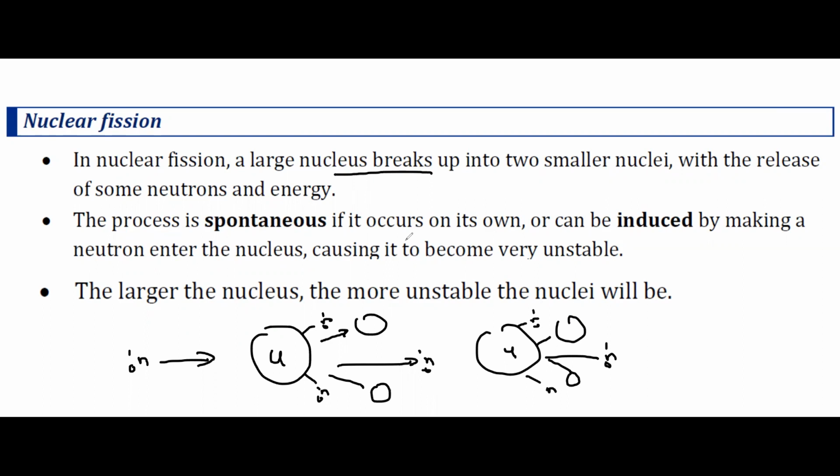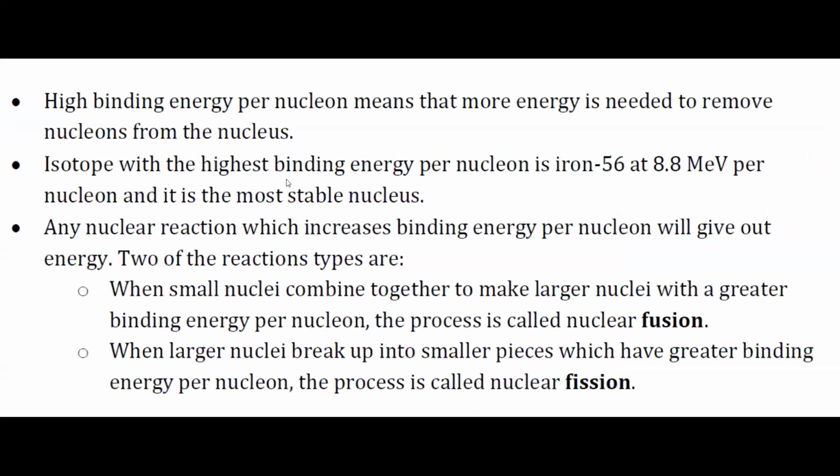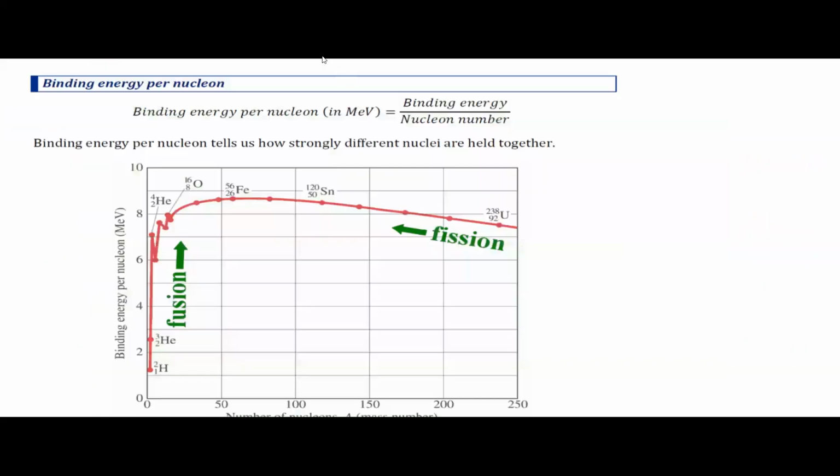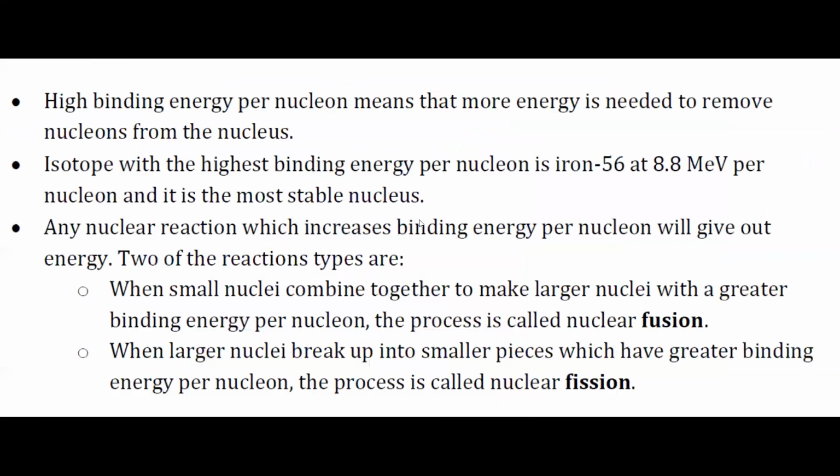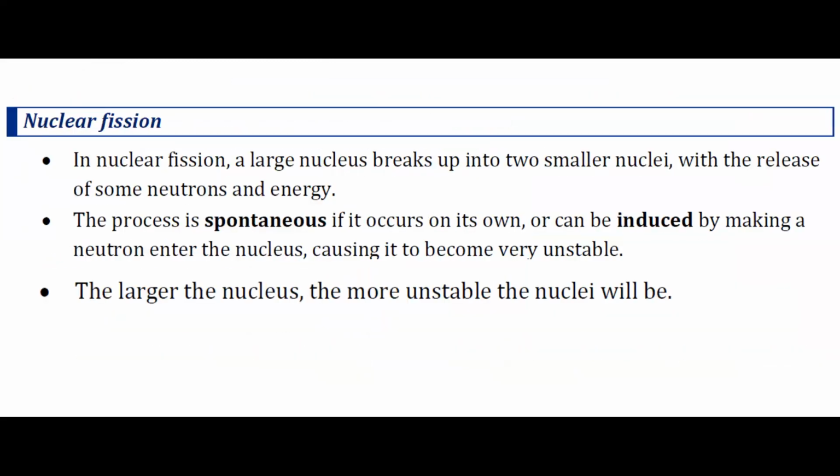Induced fission means we force the nucleus to undergo fission, and the larger the nucleus, the more unstable it will be, because you can see the binding energy per nucleon here is less as compared to iron. That's why it is unstable, and it can only become stable by converting into lighter nuclei.